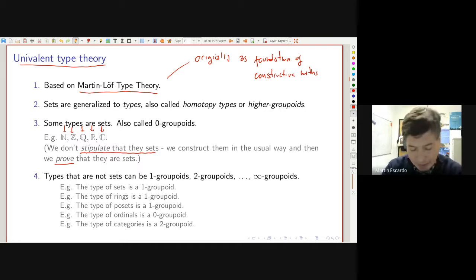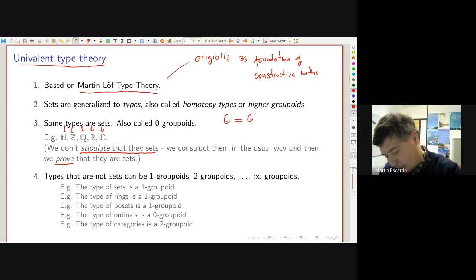So now, what does it mean to be a set? Well, it is not the same thing as in set theory, where you have the distinction between set and class. So it's not about that. It is about the equality type or the identity type. So in the example I gave you, we had that the identity type of two groups was the type of isomorphisms.